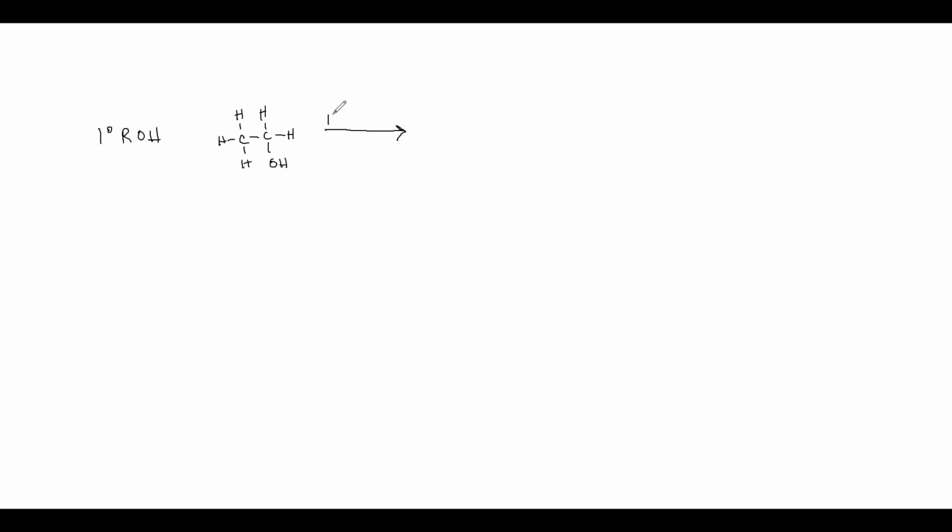So we use sulfuric acid in its concentrated form, and we heat this up to 180 degrees Celsius. That's well above the boiling point of water. Nice and hot. And that will give us ethene as a product. And we will work through the mechanisms here in a minute.